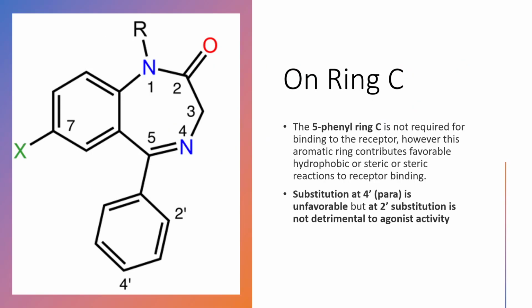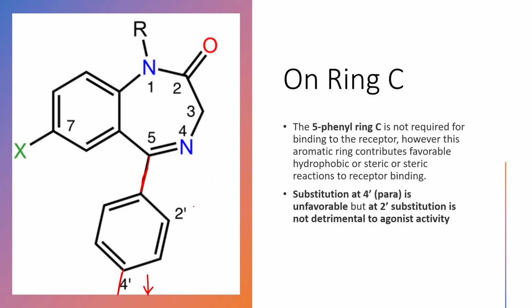On ring C, the 5-phenyl ring C, it's called 5-phenyl because it bonds at position 5, is not required for binding. However, this aromatic ring contributes favorably to steric reactions to receptor binding. Substitution at 4 or para is unfavorable, meaning it lessens activity.